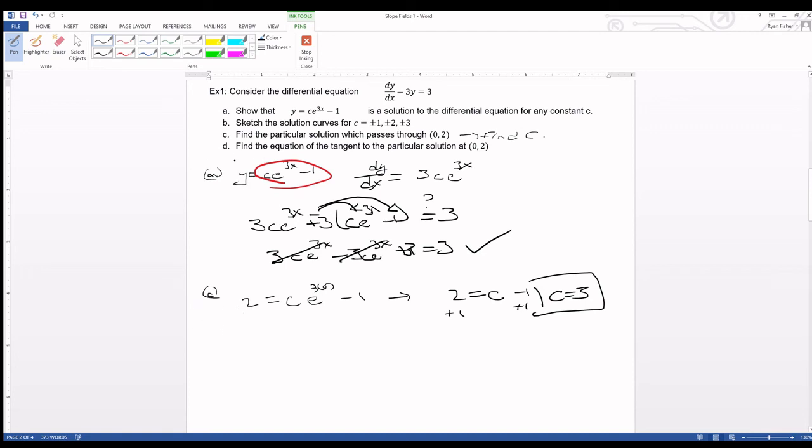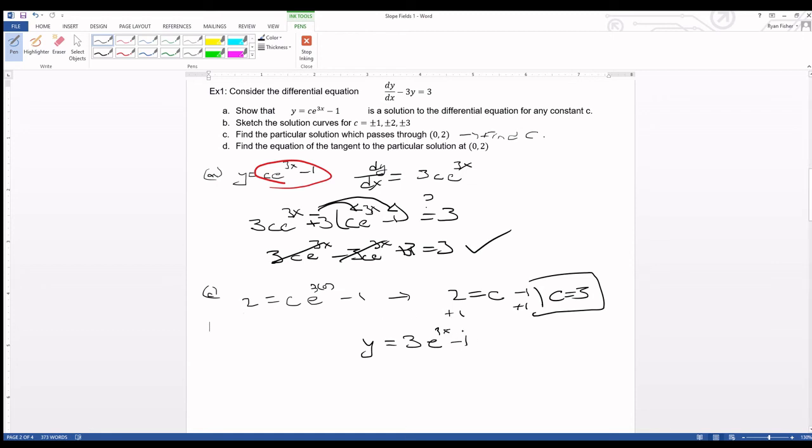Lastly, I'm going to find the equation of the tangent to the particular solution at (0, 2). This tells me that the particular solution is y equals 3e to the 3x minus 1.